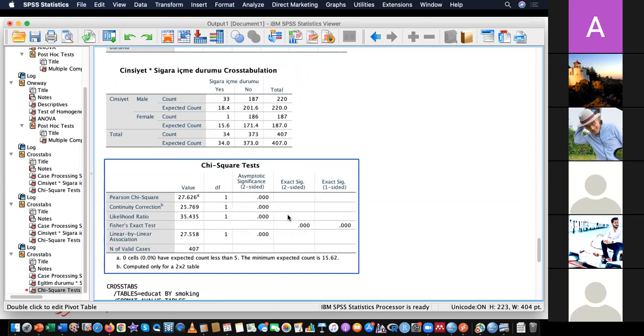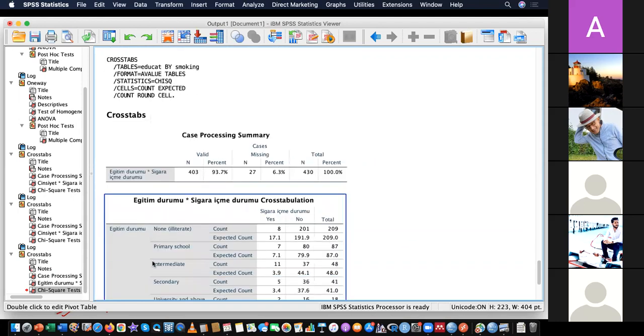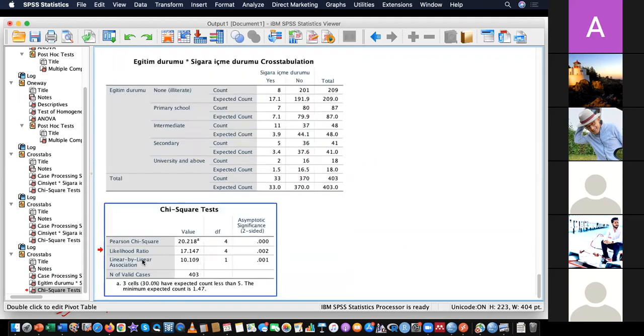It is the same in this case, and you don't need the Fisher's exact here because you don't have a violation of the expected counts. But here you have a violation of the expected counts and the computer doesn't give you the Fisher's exact. What is the solution?